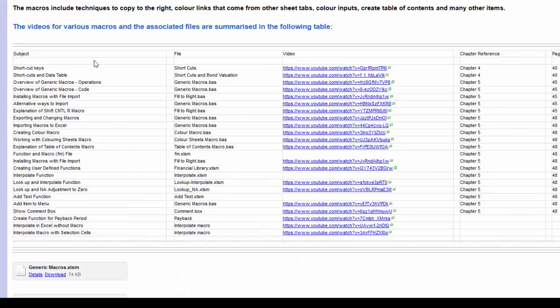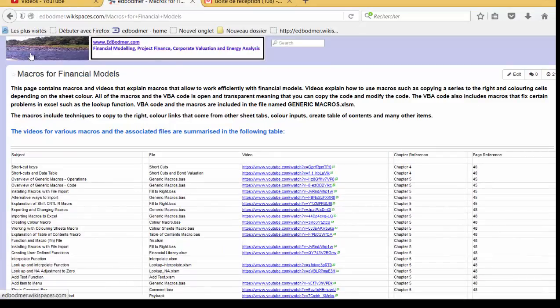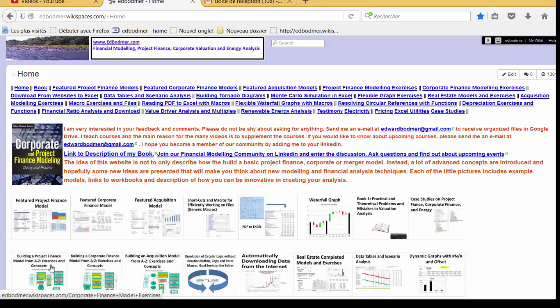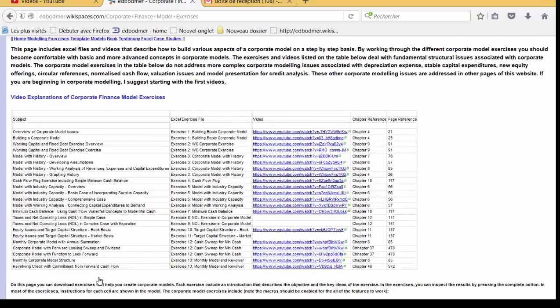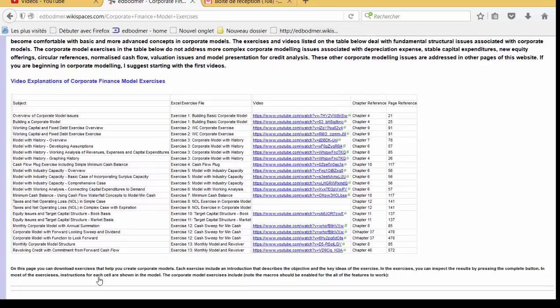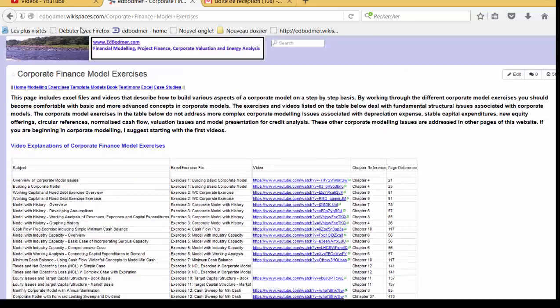But this corporate model will be put up here prominently in building a corporate finance model from A to Z. I might even put it all the way right at the top, because it has got most of the key points in it.